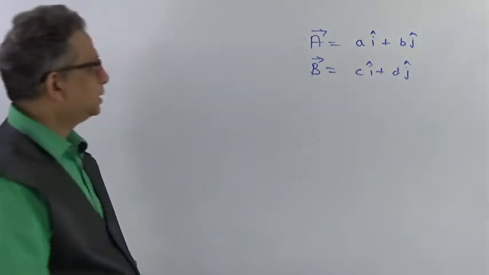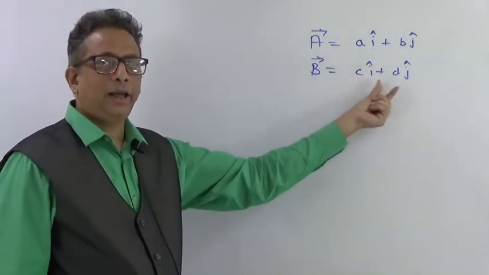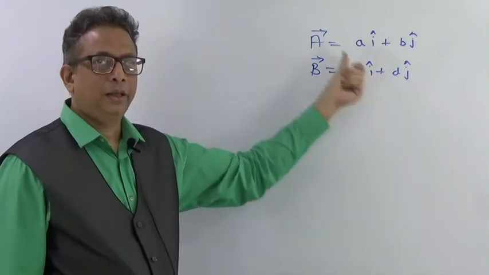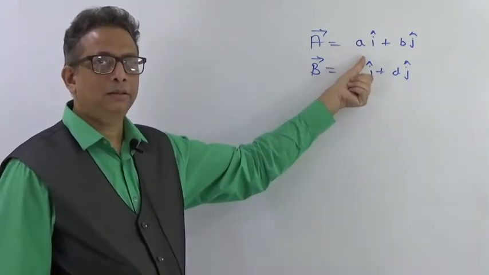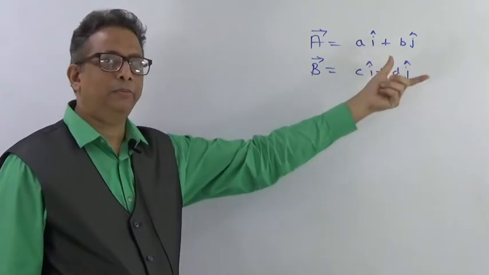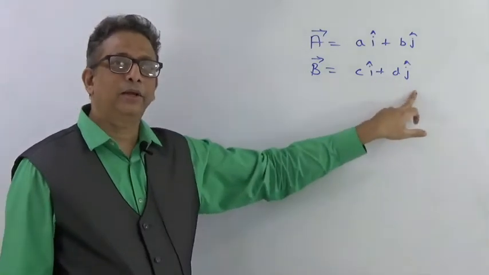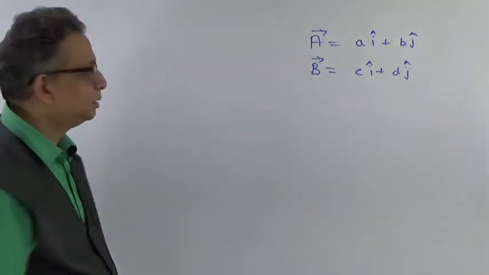I believe now you understand how vectors are represented. It is some value in i and some value in j. Here it is some value A multiplied by i and some value B multiplied by j. Sorry, here it is some value C multiplied by i and some value D multiplied by j.